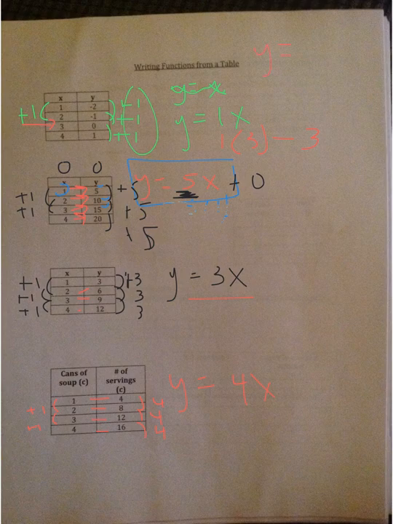Well, let's see if that works with everything else. So y equals x minus 3. Let's go down here. If x is 4, 4 minus 3 does give you 1. All right, so it works for 2 of them. Let's go back up to the top. If x is 1, 1 minus 3, that does give you negative 2. So your function, your equation for this table is y equals x minus 3.